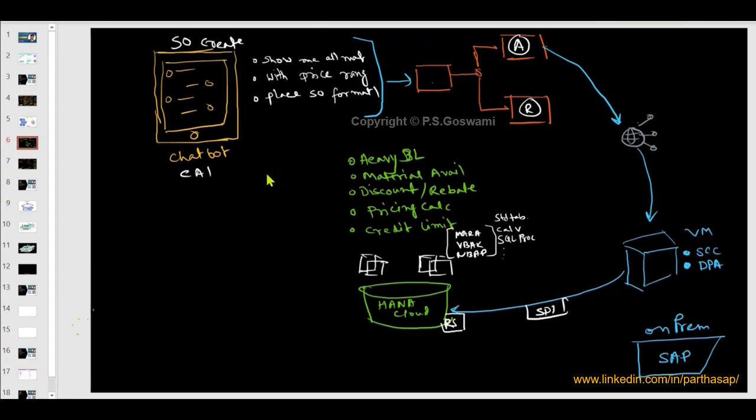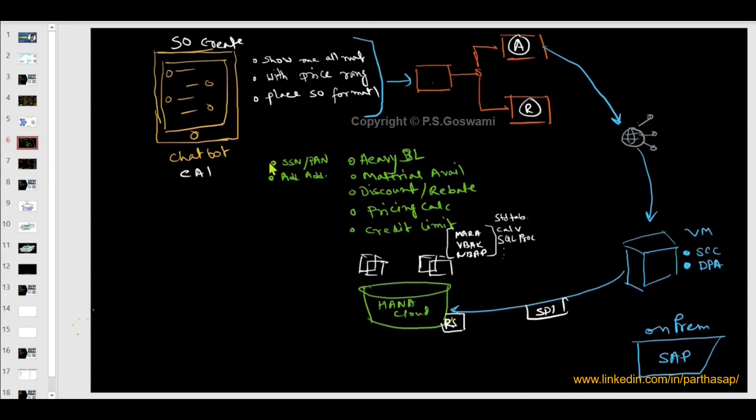Let's say when the customer is ordering some material, you wanted to capture the customer information like the social security number or the PAN card information. As well as, let's say, you wanted to capture some more details of the customer address, some additional address detail. These are the custom fields which do not exist in the standard tables, which you wanted to capture from the customer order, from the customer side.